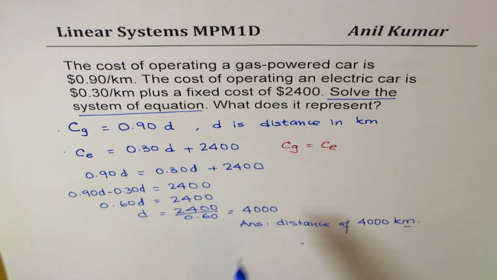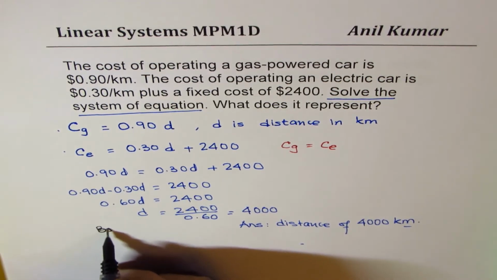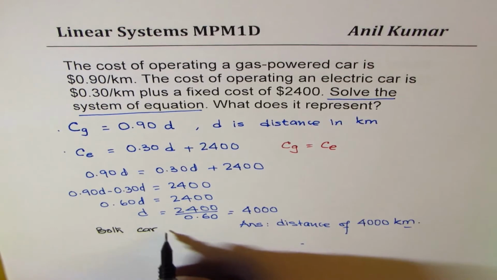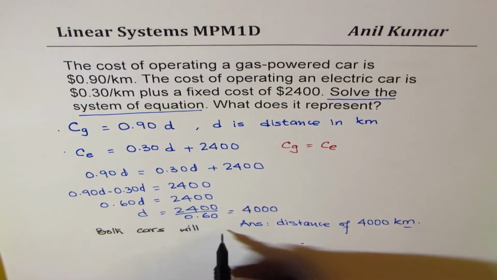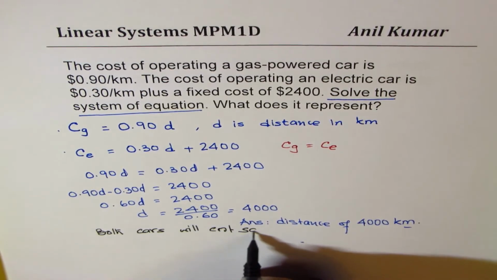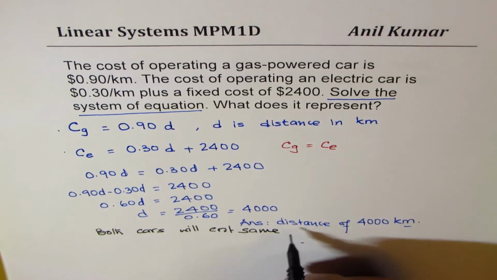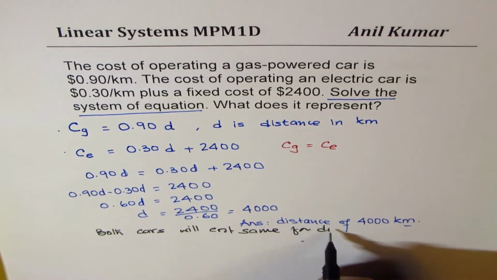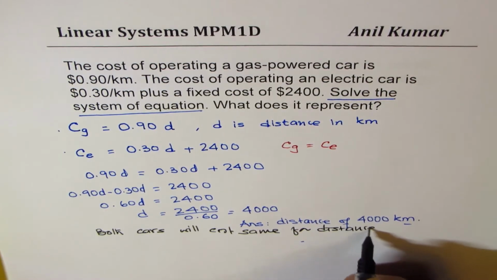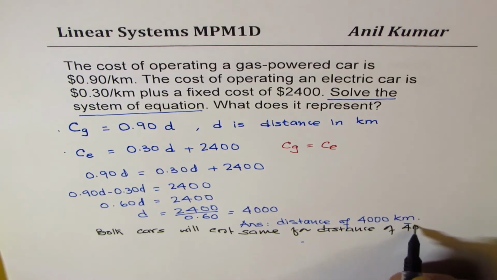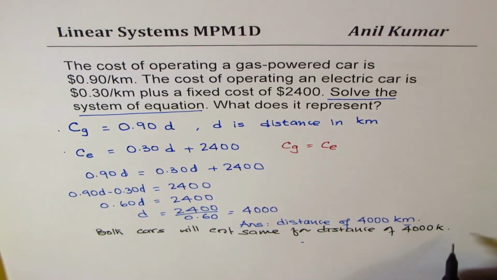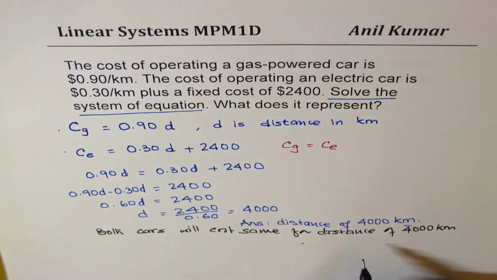So what does it represent? It represents that both cars will cost the same for a distance of 4,000 kilometers, right? So that is what it really means.